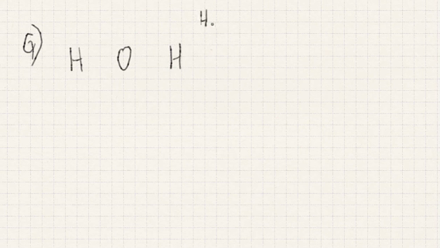So let's move on to part G. So the Lewis dot structure of water is, with oxygen in the center, so let me rewrite the molecular formula, H2O, we have single bonds.